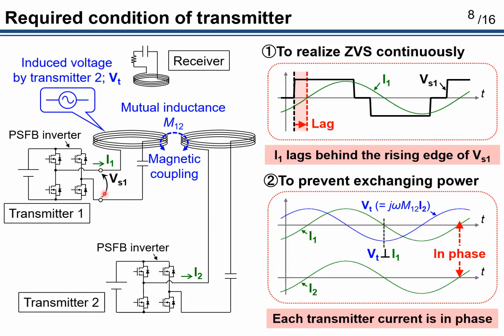If we define the operating angular frequency of each inverter as omega and the mutual inductance as M12, VT can be expressed by this equation. So to satisfy this orthogonal relationship, each transmitter current must be in phase.